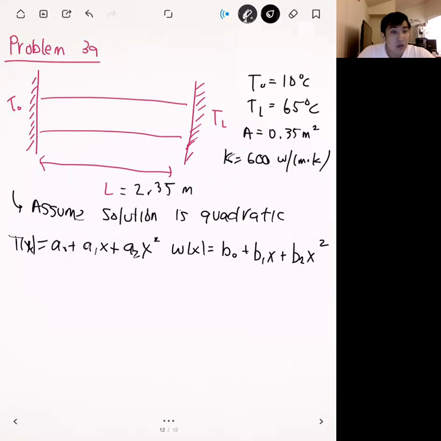The first thing we have to do for this, which I think most people got, was that we had to enforce our Dirichlet boundary conditions.